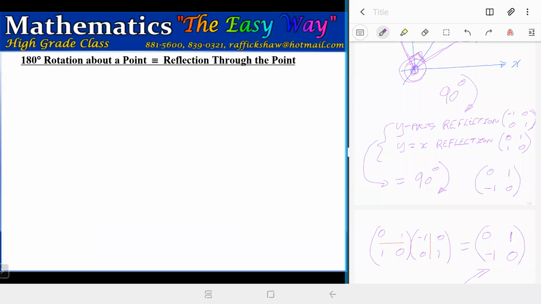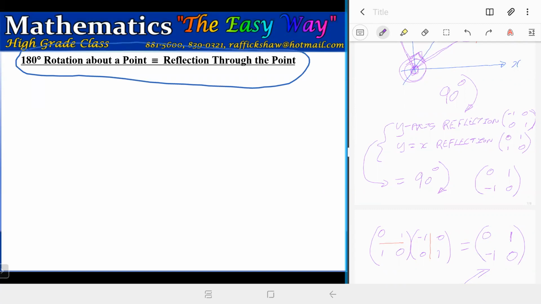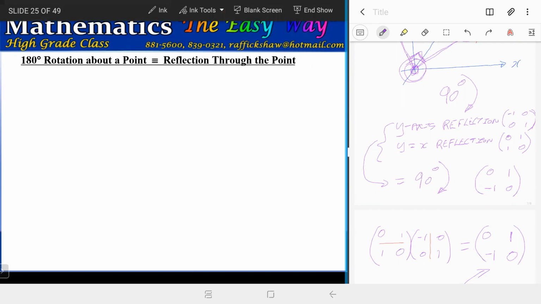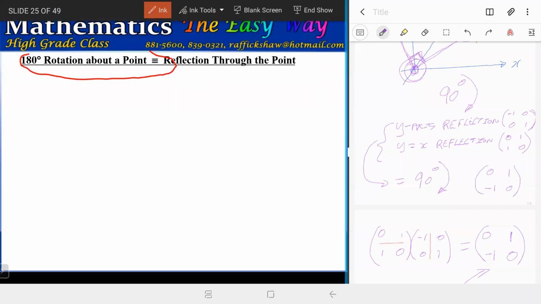I also told you that a 180-degree rotation about a point is the same as reflecting through a point. The reason is that sometimes you get questions where they want you to construct a 180-degree rotation about a point, for example of a triangle.